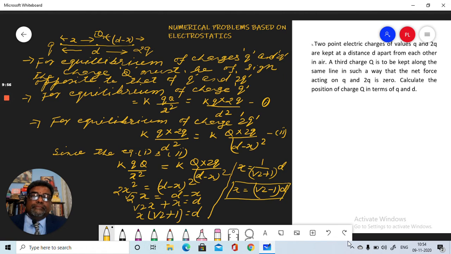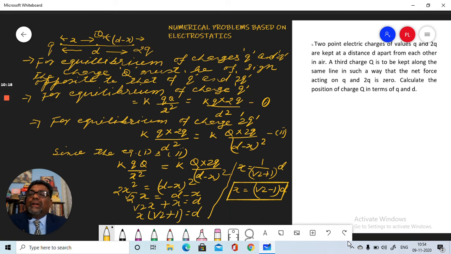Now the charge Q must be placed at a distance of root 2 minus 1 times d from the charge q so that their net force becomes 0. I repeat it quickly to you.